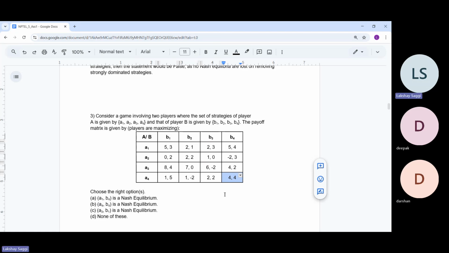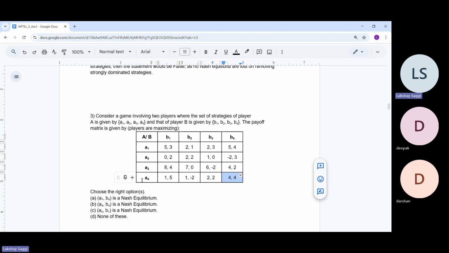But now what we want to check is if player A wants to switch from playing A4 to a different strategy. Player A has four possible choices: A1, A2, A3, A4. Let's say player A switches to strategy A1 and player B's strategy remains the same. This is what we consider in the Nash equilibrium, that only one player's strategy changes at a time.